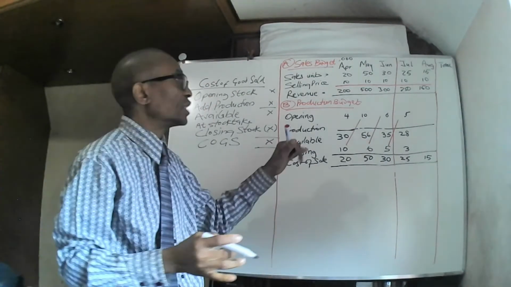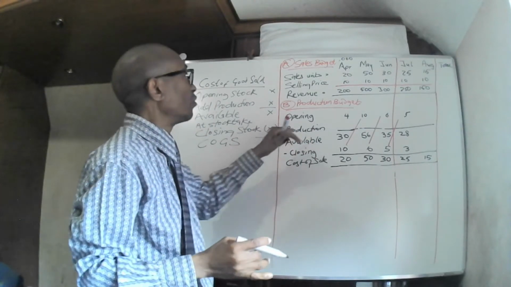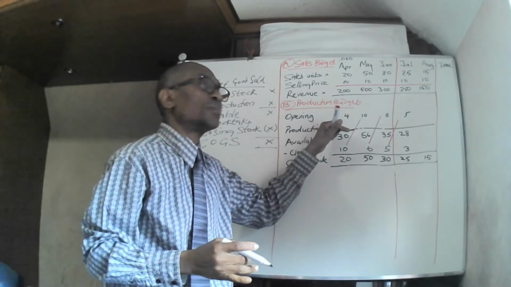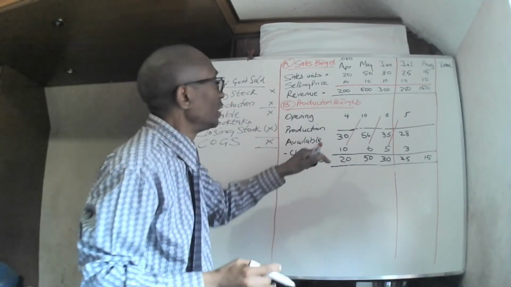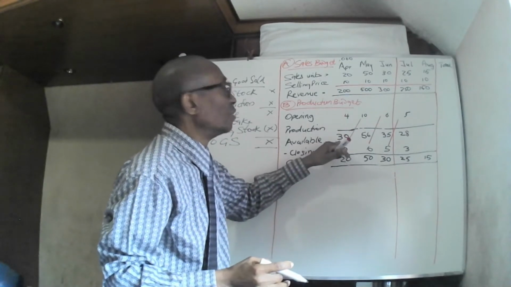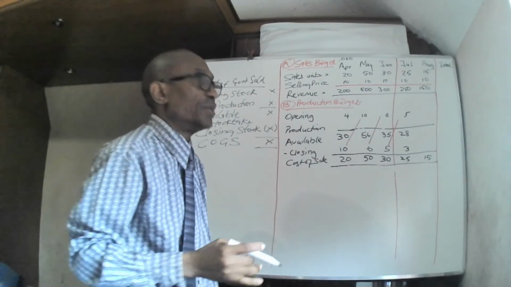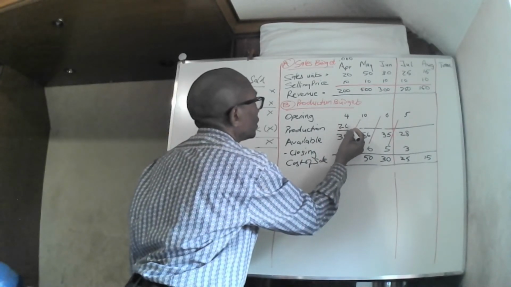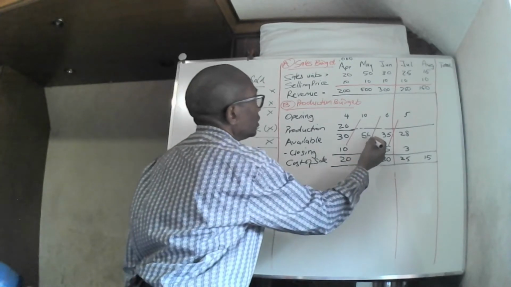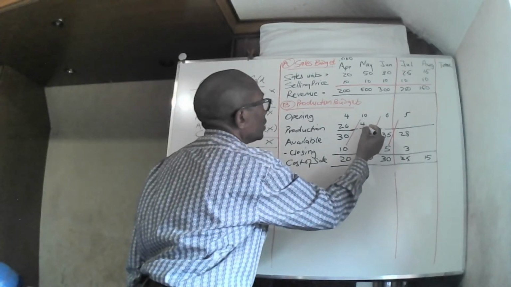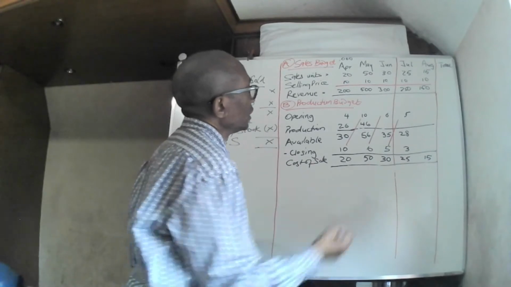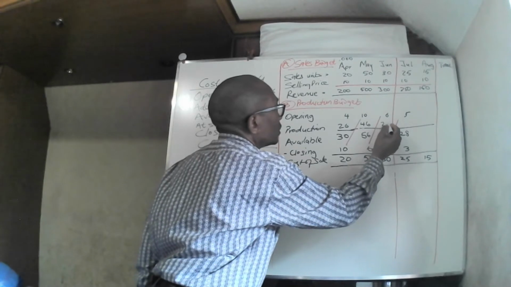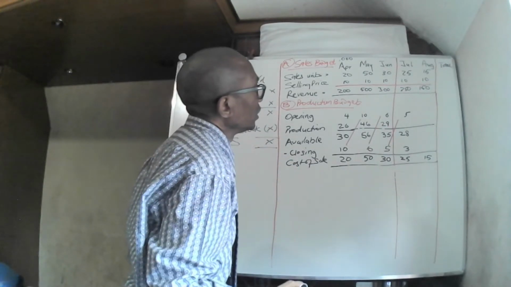Now that I've got all the total available, what did I have to produce to get that total available? We have to produce something, add it to the opening to get the available. So it means that the production will be total available less what we have at hand at the beginning. So it's 30 minus 4, 26 was produced. 56 minus 10, 46 produced. 35 minus 6, so 29 produced.